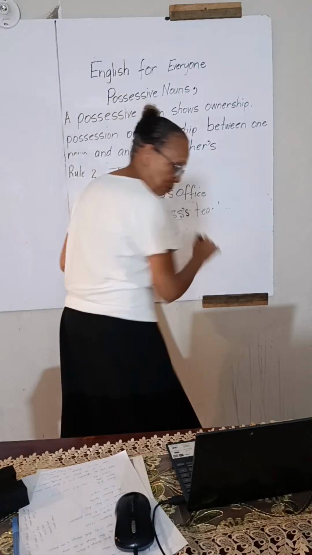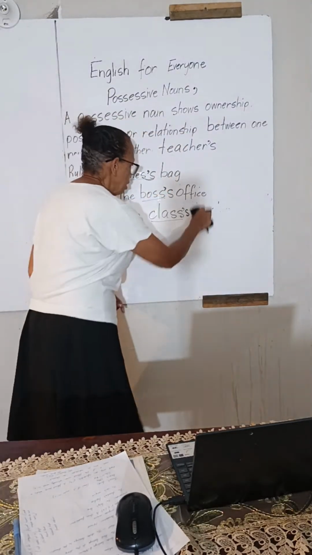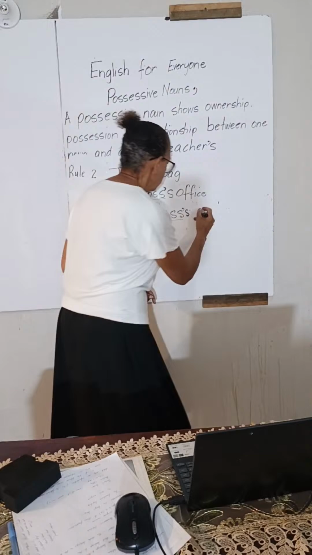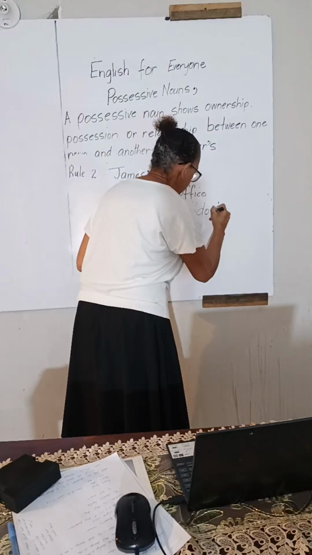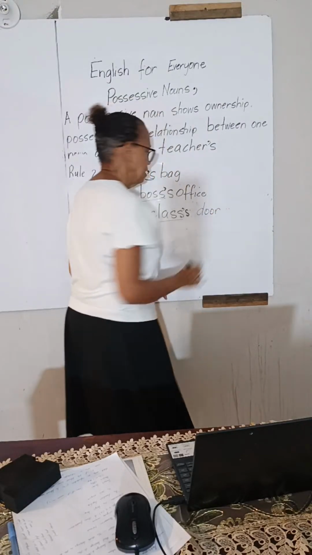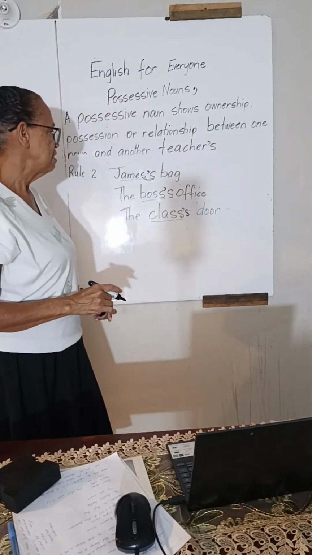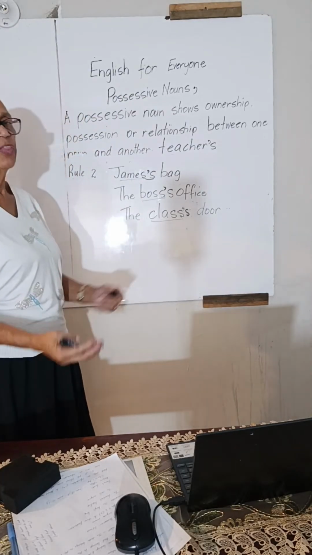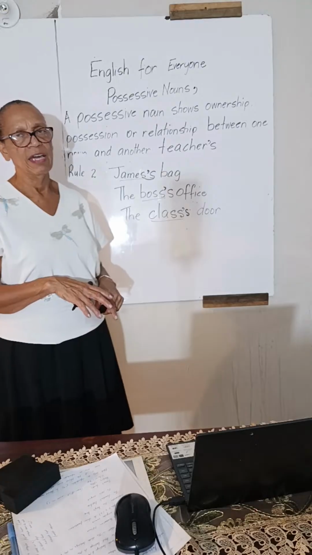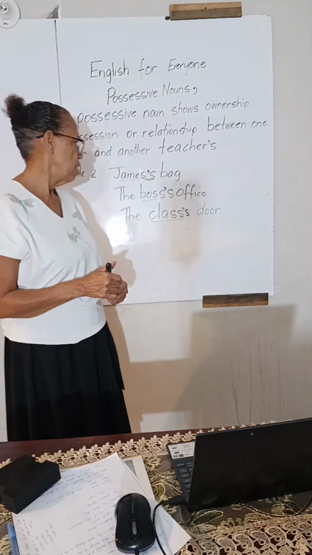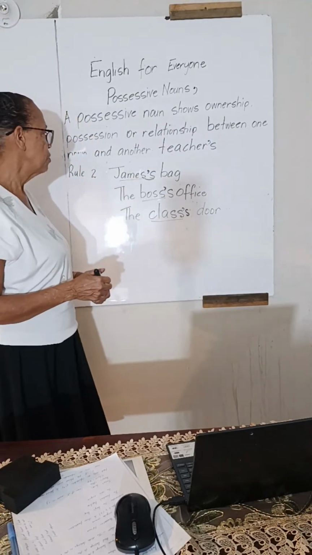Okay, let's put the door. All right, let's put an object. It will come off a little better. The class's door. The door belongs to the class. The class's door.